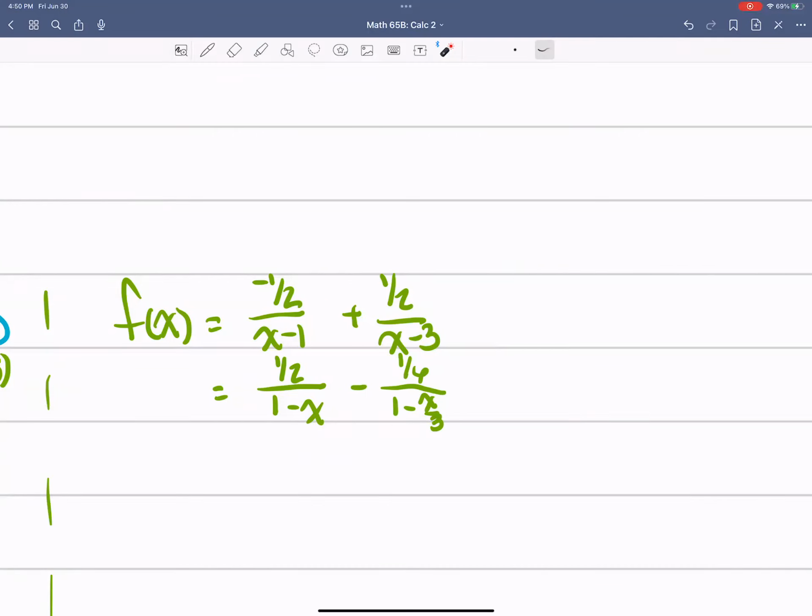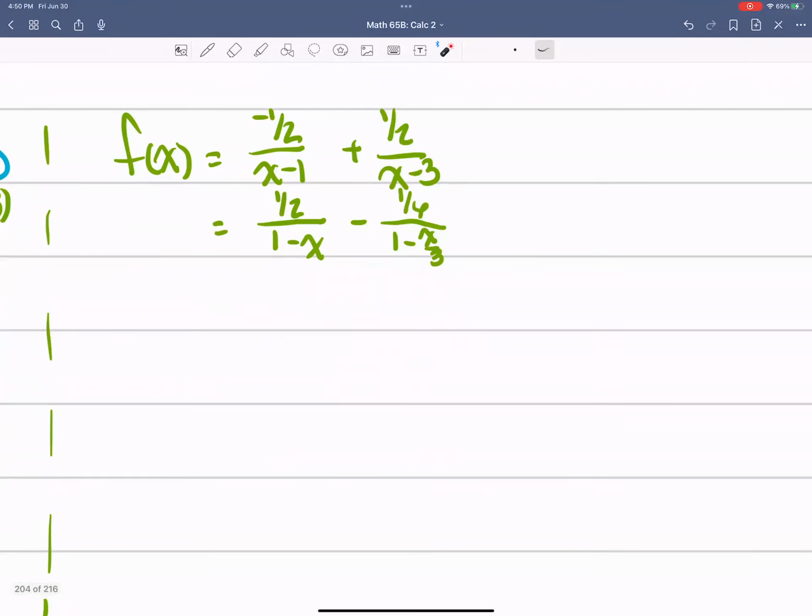More importantly, we have two fractions, or two infinite series, that we could rewrite. So we have s with respect to x is equal to these two values. Both of them are going to go from n equals 0 to infinity.